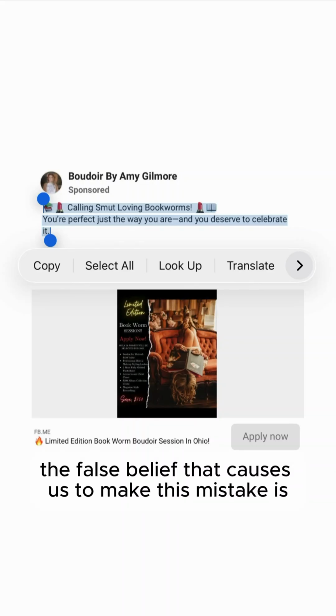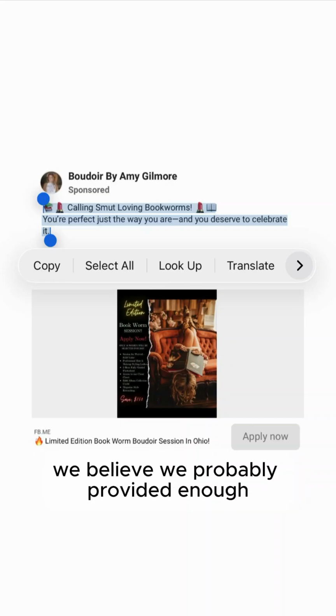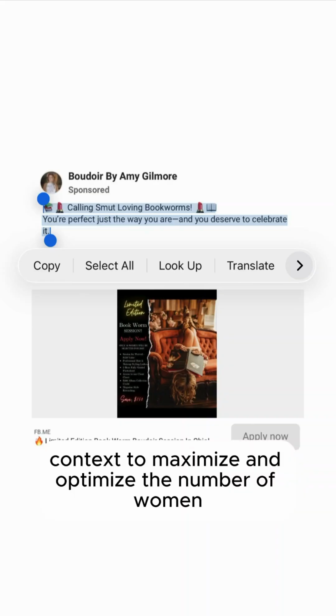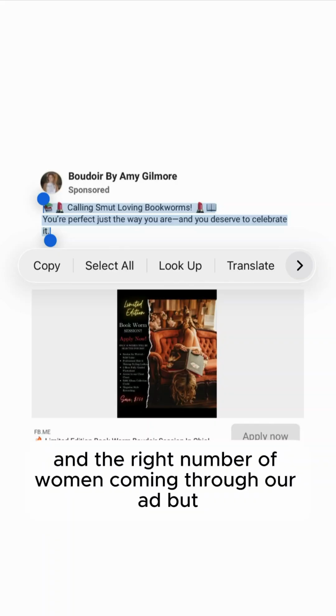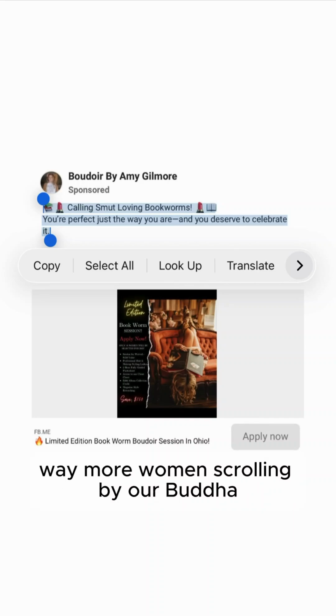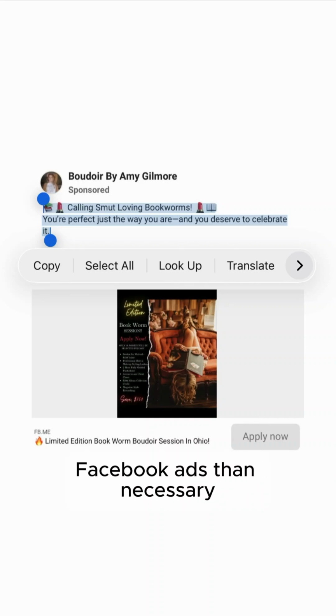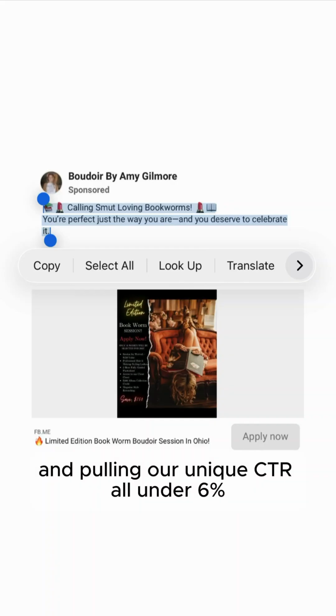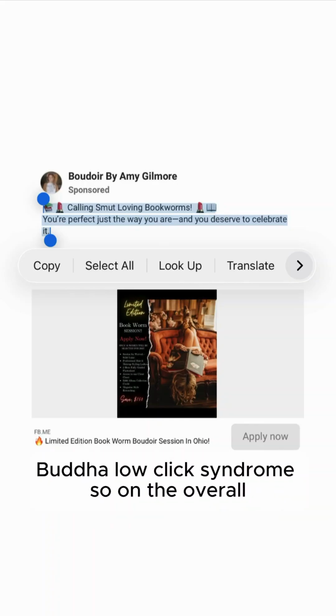The false belief that caused us to make this mistake is we believe we provide enough context to maximize and optimize the number of women, and the right number of women, coming through our ad, but we didn't do that. So the consequence is way more women scrolling by our Boudoir Facebook ads than necessary and pulling our unique CTR under 6%, contributing to BLCS, Boudoir low click syndrome.